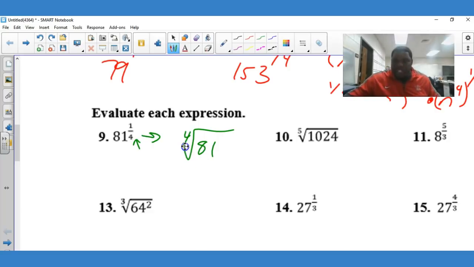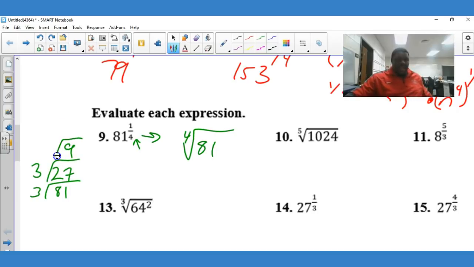What do you think the smallest prime number is that would go into 81? It would be 3. So if I take 81 and divide by 3, I get 27. And 27 divided by 3 is 9. And 9 divided by 3 is 3. And 3 divided by 3 is 1.